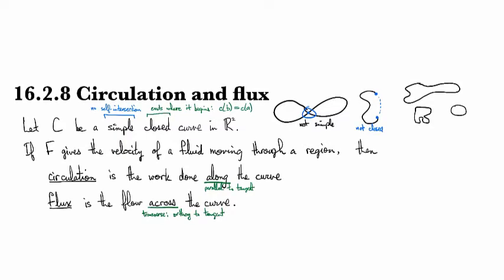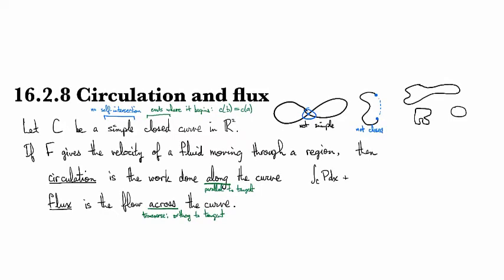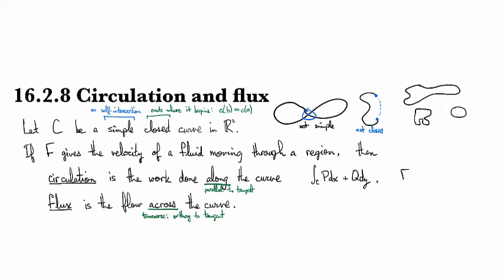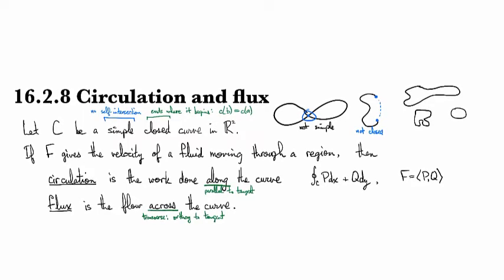So circulation, this is just going to be work. So it's going to be P dx plus Q dy if we have a vector field with components P and Q, right? And then because it's a closed curve, it's common to put a little circle on the integral sign.